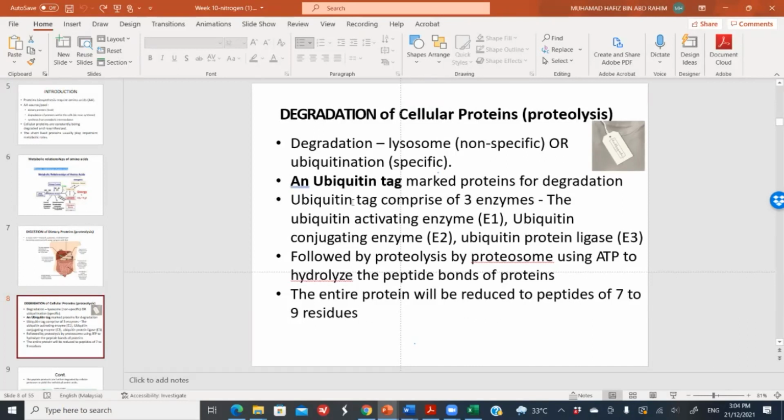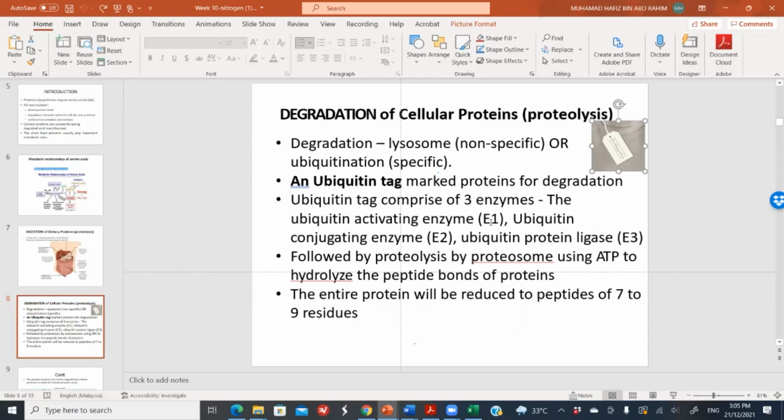So what happens is when the protein is broken or destined to be broken or is malfunctioning or is very old, the body will put a certain kind of tag. Okay, like a clothes tag, to show to the body that this protein is destined to be degraded. Okay, so this process we call as ubiquitination.